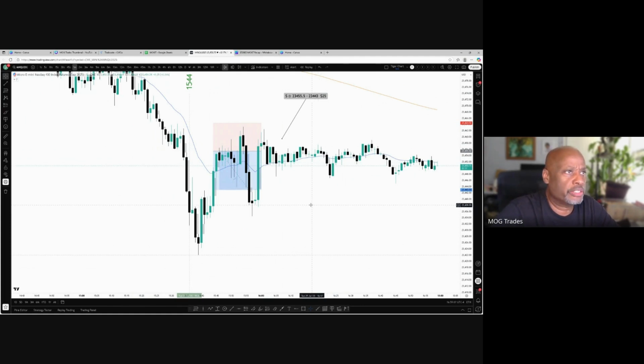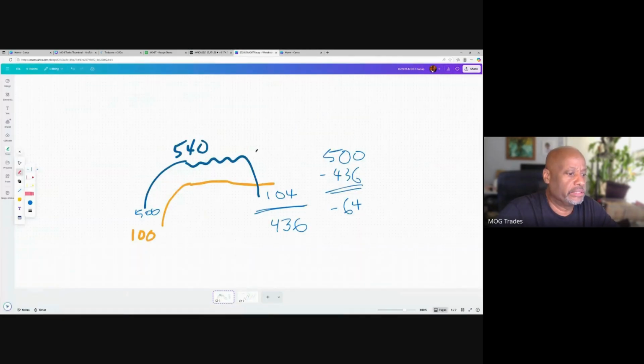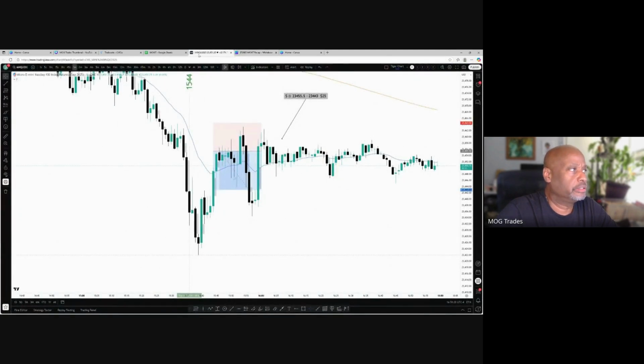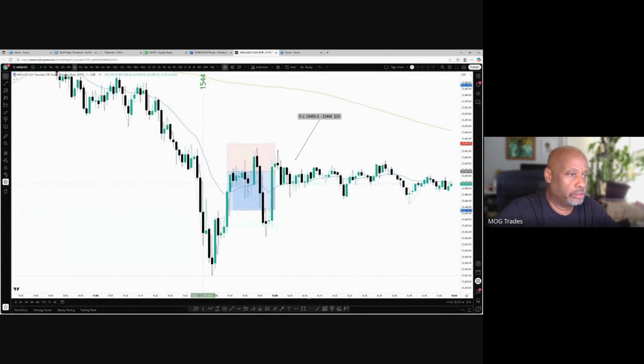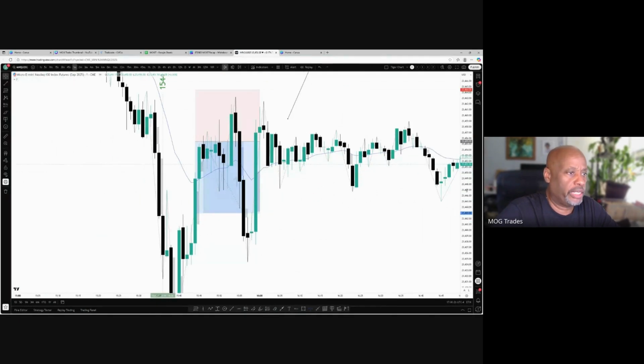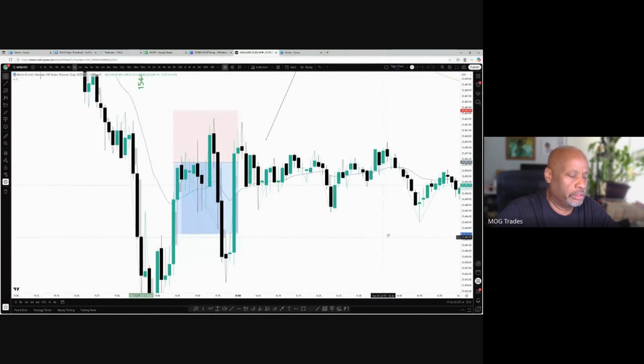Okay, there is an indicator, and it's zigzag multi-T fab. Sometimes I have trouble telling where a swing high, swing low is.